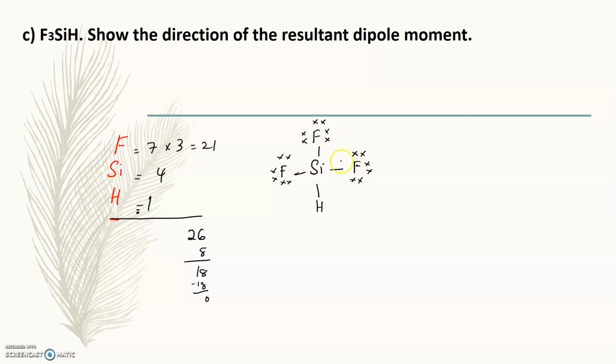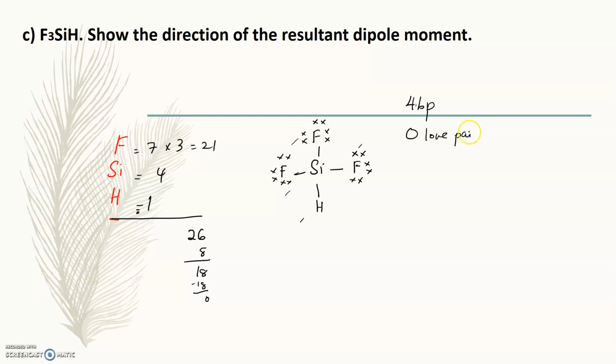Okay, so what is the geometry? We look at the bonding pairs. Okay, how many atoms bonded towards central atom? So there are 4 atom bonded, okay, or 4 bonding pairs, and there's no lone pair on central.